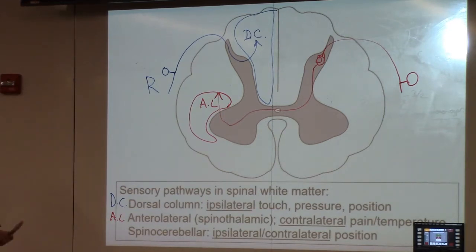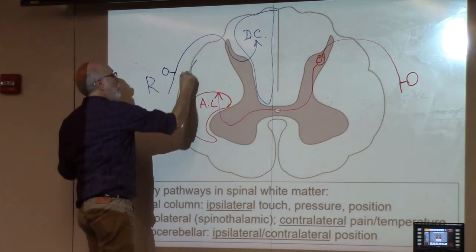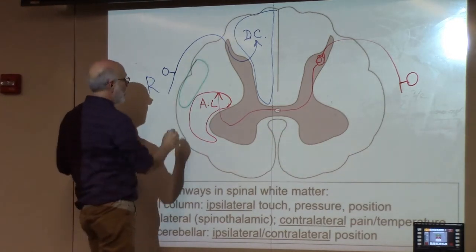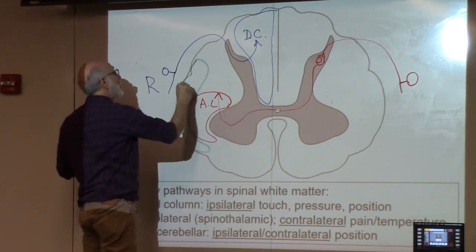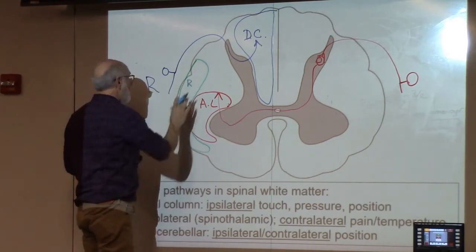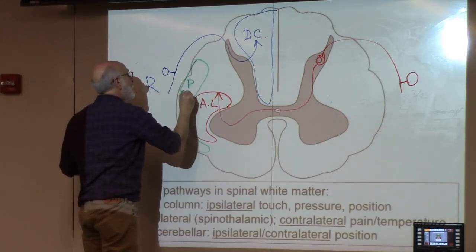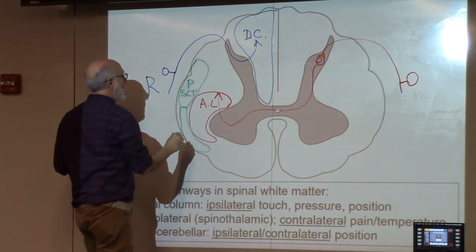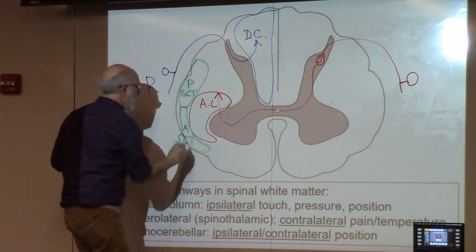And the spinocerebellar tracts carry position information. There's the posterior spinocerebellar tract and the anterior spinocerebellar tract. So posterior spinocerebellar tract and the anterior spinocerebellar tract.